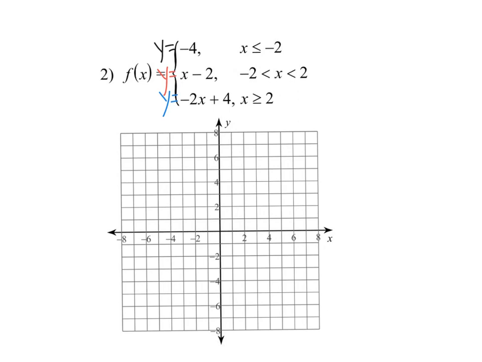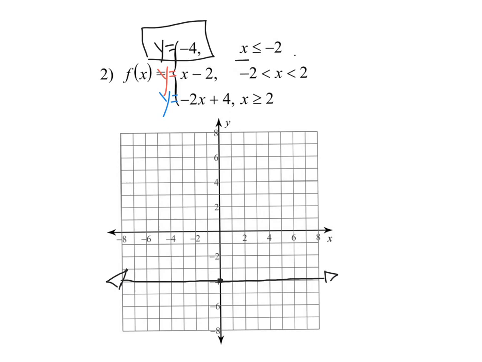So the first one, y equals negative 4. Well, my y equals negative 4 here. And y equals negative 4 is a horizontal line. So the whole function y equals negative 4 would be this graph right here. The issue is I have x less than or equal to -2. So what that means is I don't want the whole function.